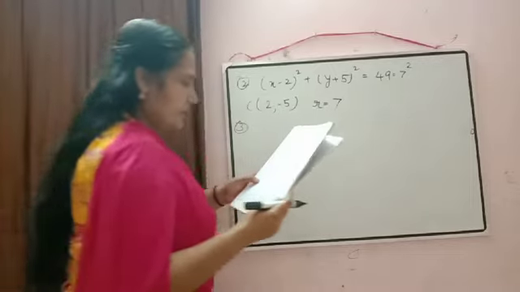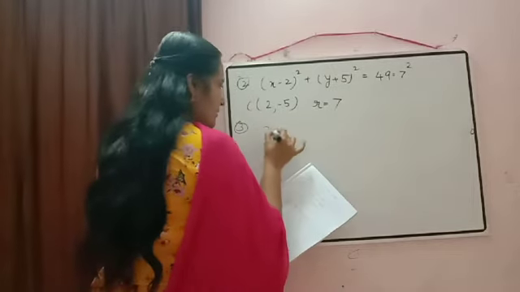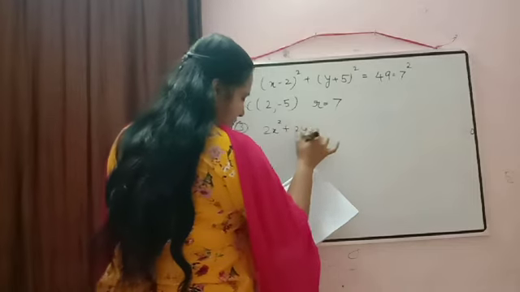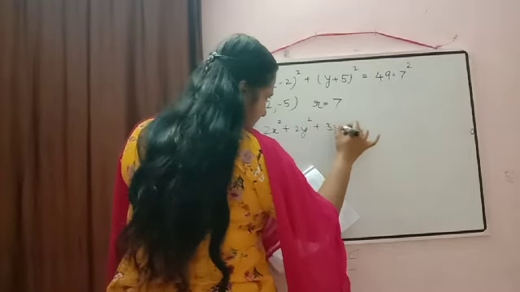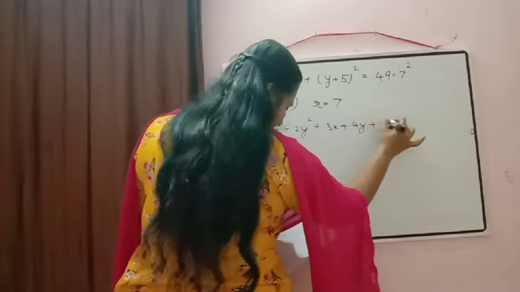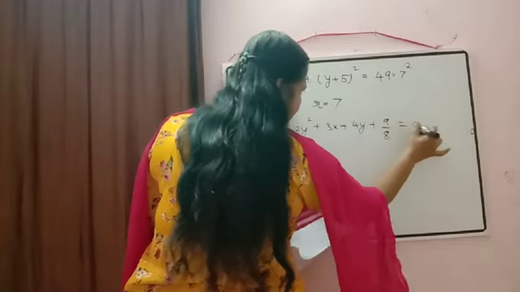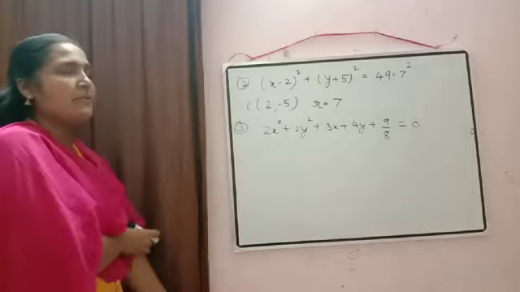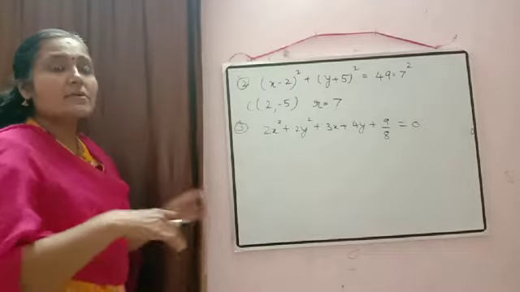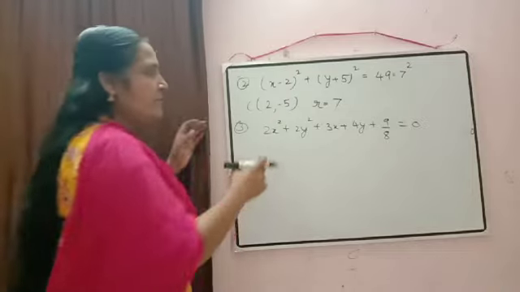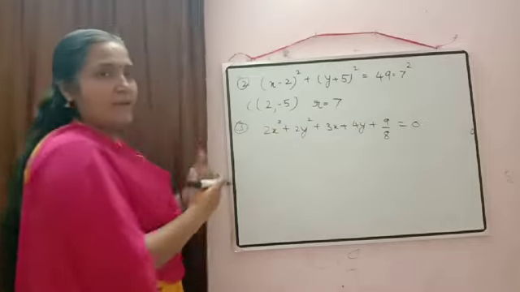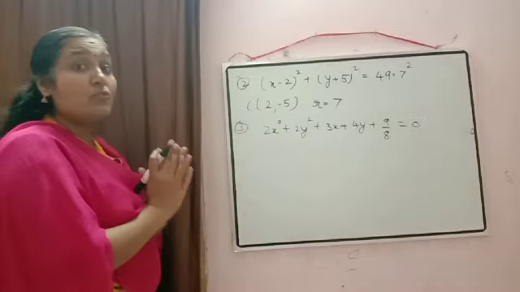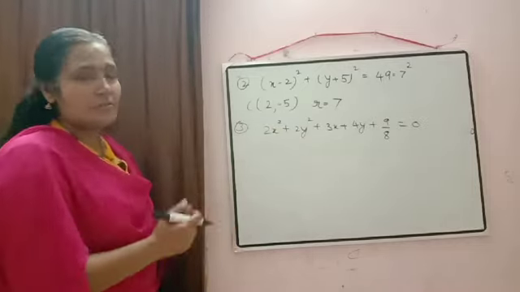Okay. Now, third question is 2x square plus 2y square plus 3x plus 4y plus 9 by 8 is equal to 0. So, as already we said there, our general equation of circle is x square plus y square, means coefficient of x square and y square should be equal to 1. No other number should be there.